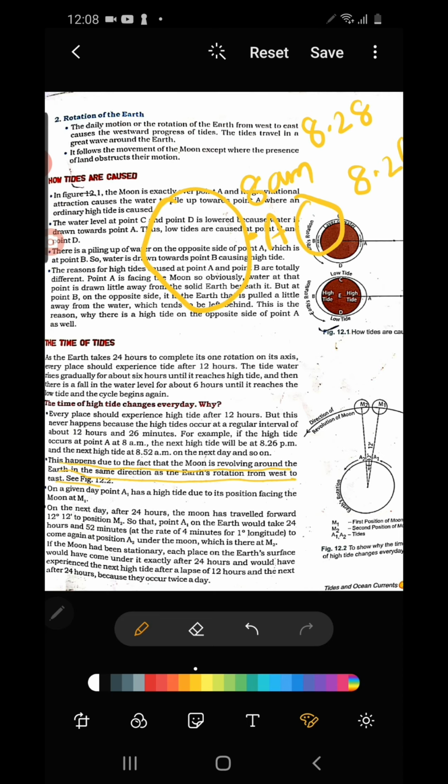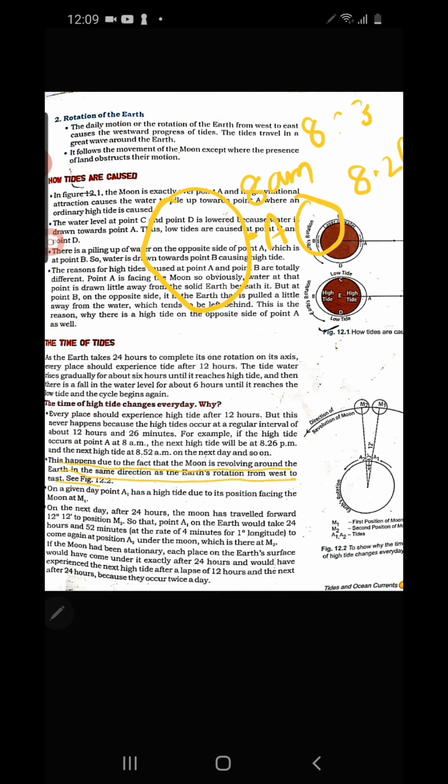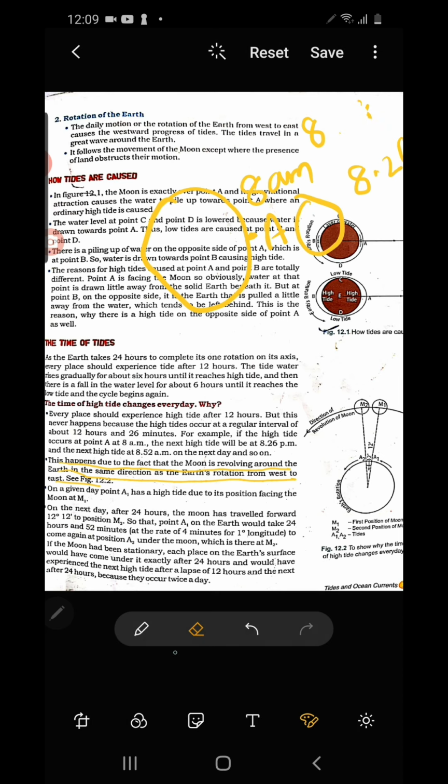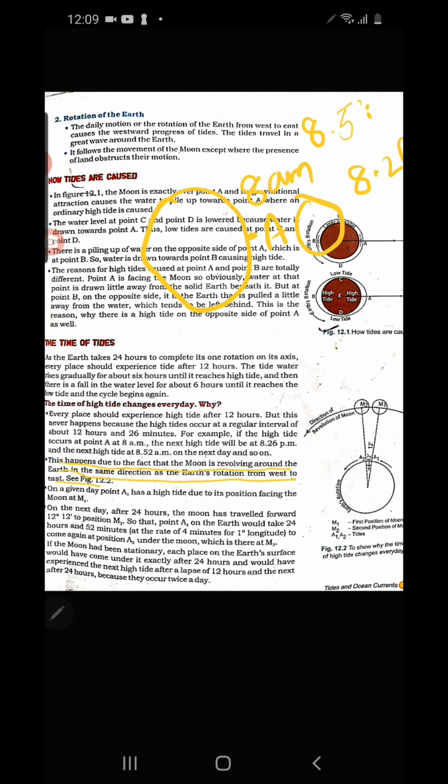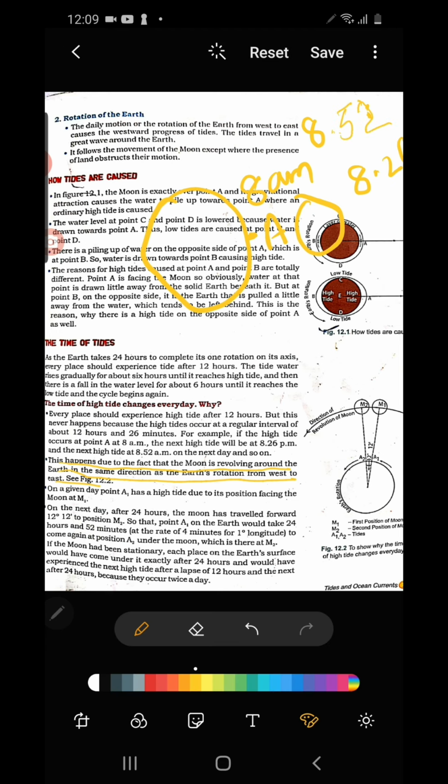Suppose in a place today at 8 AM, then the same place next day 8:26, and the same place again after 12 hours 8:52.